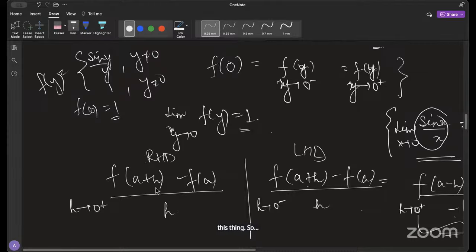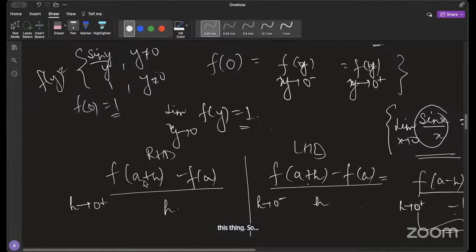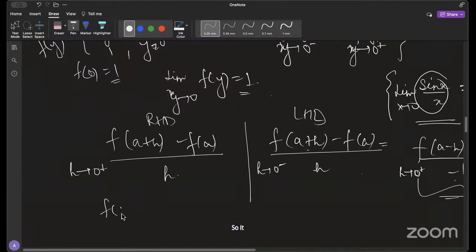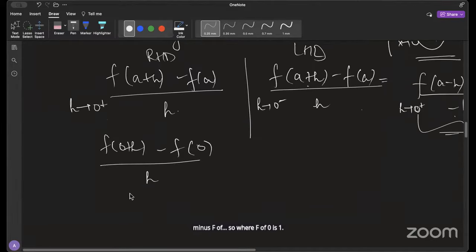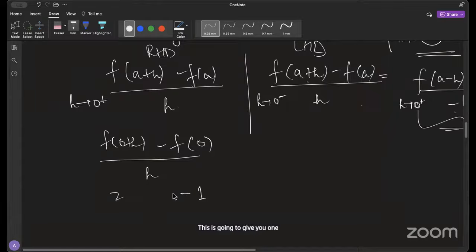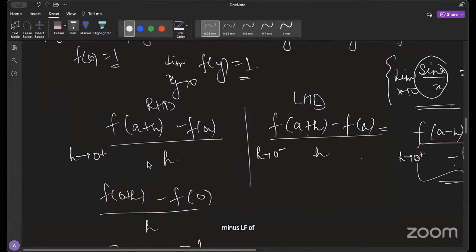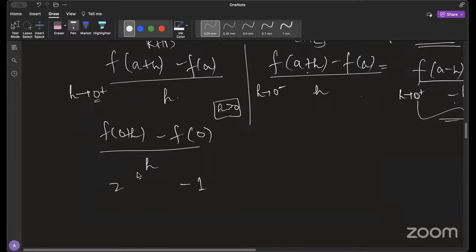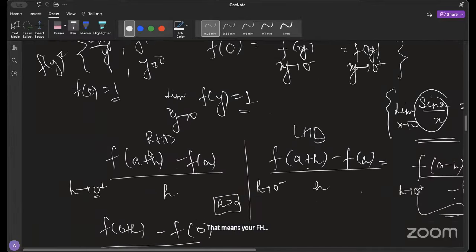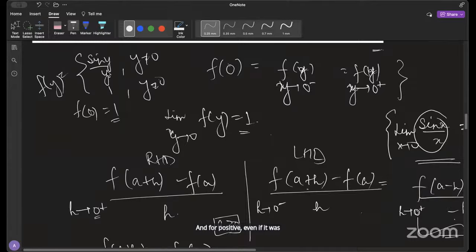So if you do f(0 plus h) minus f(0), where f(0) is 1, by h, this is going to give you 1 here, minus, and f(0 plus h) is f(h). And your h is positive, right? Even if it was negative, the function is actually sin y by y.